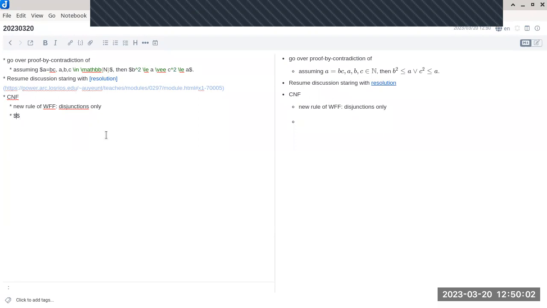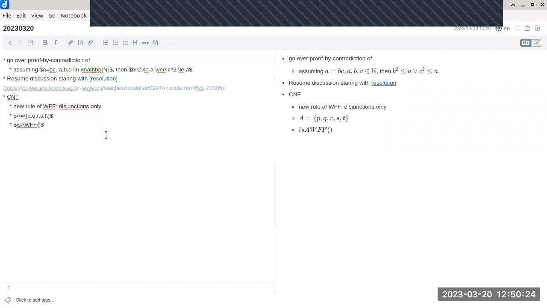Okay, so I'm going to define alpha first. We'll define alpha to have just P, Q, R, S, T. So if alpha is the set of P, Q, R, S, T, then we can have a WFF.